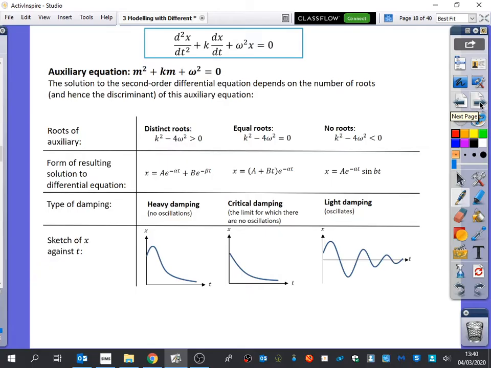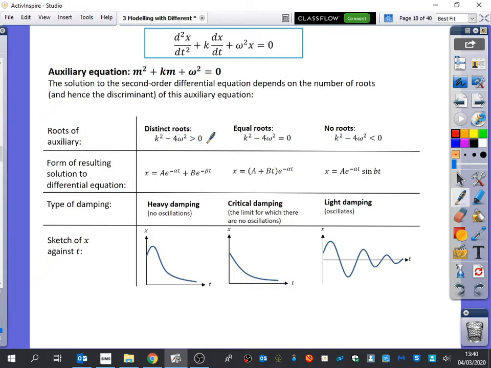So the auxiliary equation is clearly m squared plus km plus omega squared, and the solution to this second order differential equation depends on the number of roots and hence the discriminant of this auxiliary equation. The discriminant is b squared minus 4 times 1 times omega squared, hence it being k squared minus 4 omega squared.